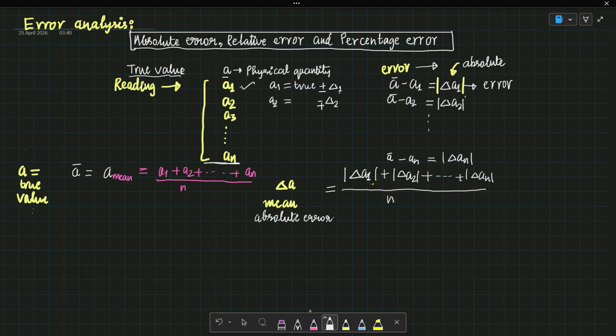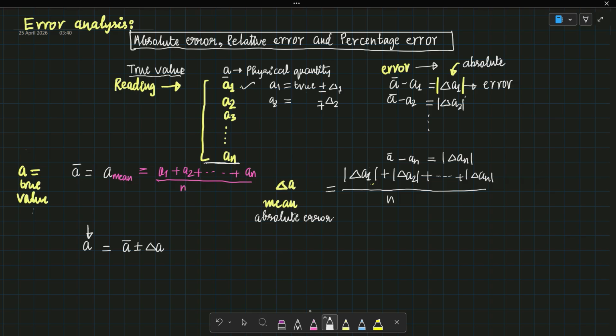So now we know that our physical quantity A is represented as A mean, this is the true value, plus minus the error part, mean absolute error. So how do we represent our physical quantity A?